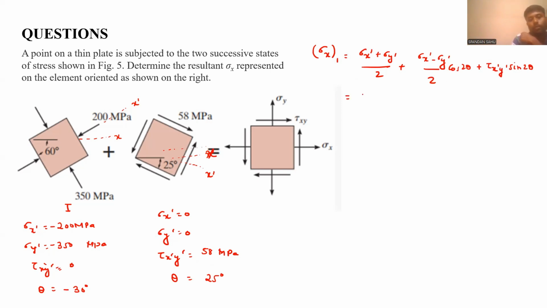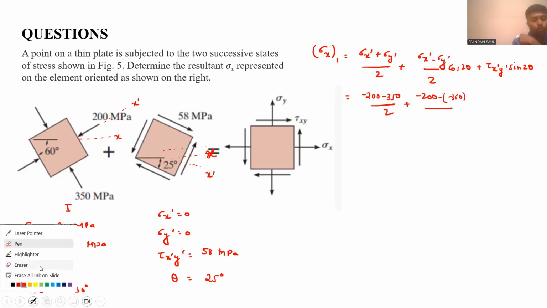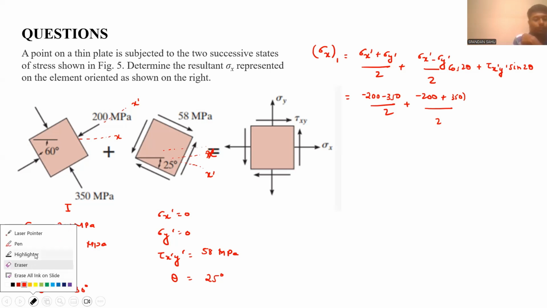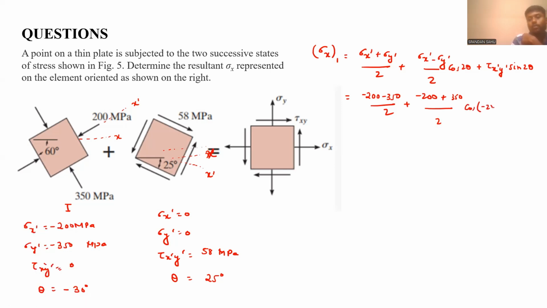So if you substitute, (minus 200 minus 350) by 2 plus (minus 200 minus of minus 350, means plus 350) by 2 cos of minus 2 into 30 degree plus tau xy is 0 into sine of something.